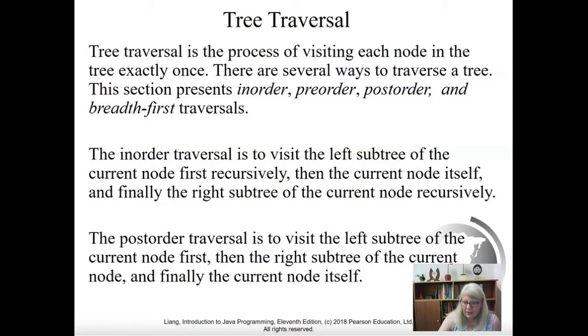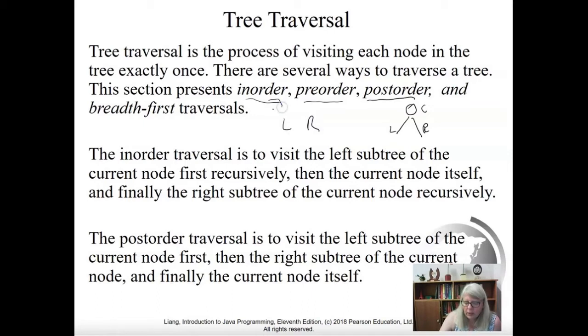There's always a current node and the left child and the right child. In-order, pre-order and post-order tells you where the current node is. You want to write left, right. In-order, you write left, current, right.